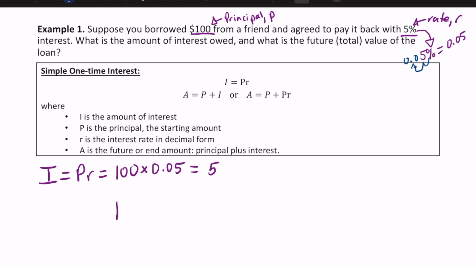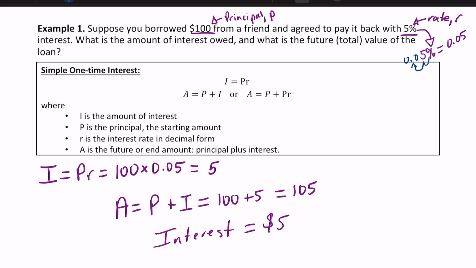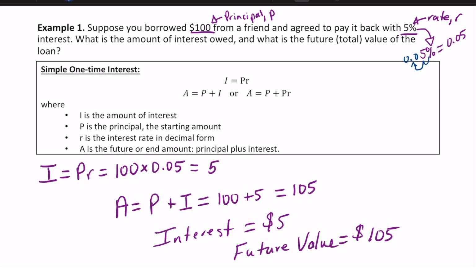Now, that $5 will be paid back in addition to the principal amount. So in order to know our future value, which we represent as A, we need to take the principal amount, add it to the interest, and that will give us our total amount that we're going to pay back. So in this case, the interest is $5 and the future value is $105.